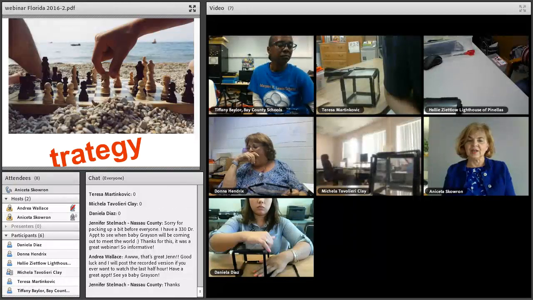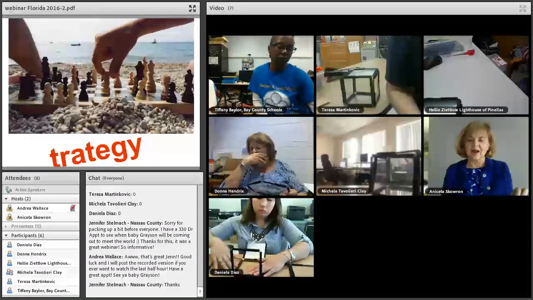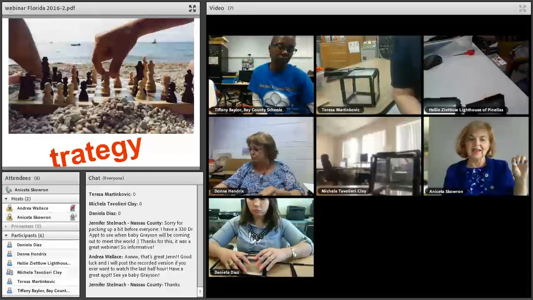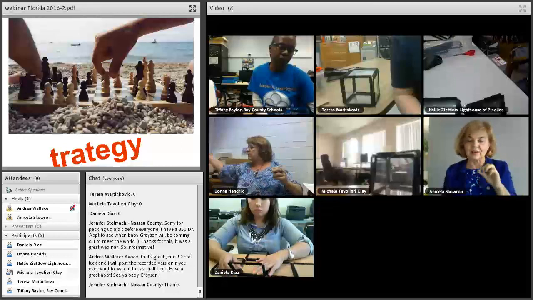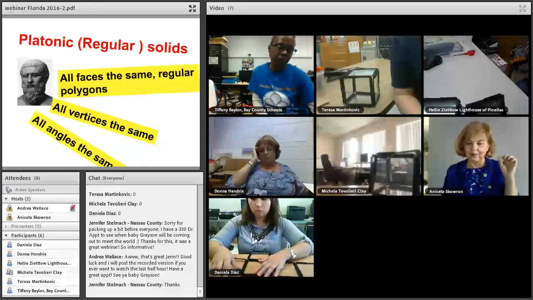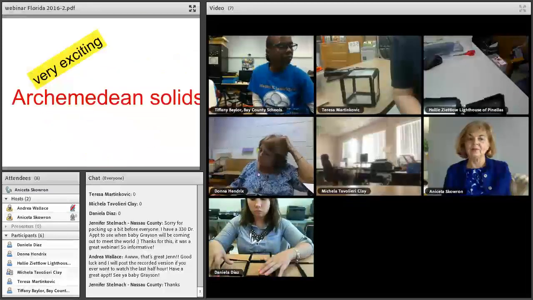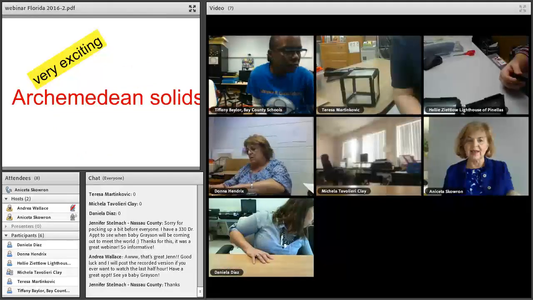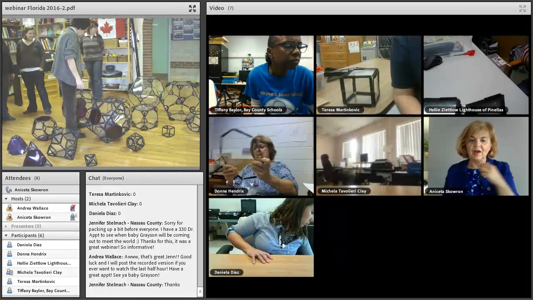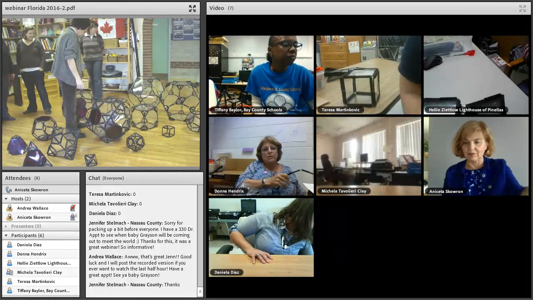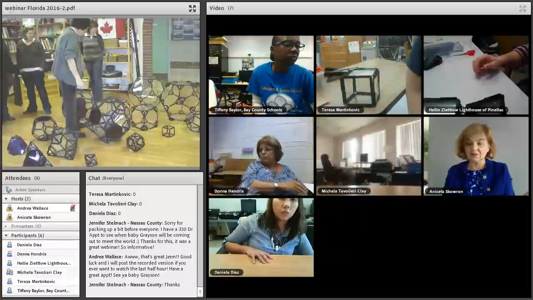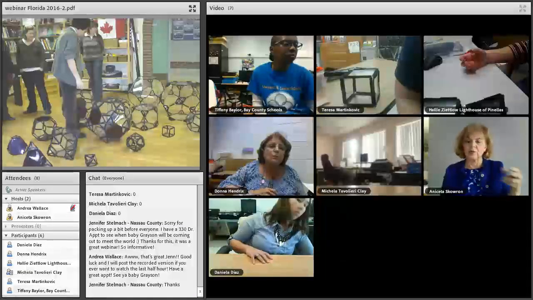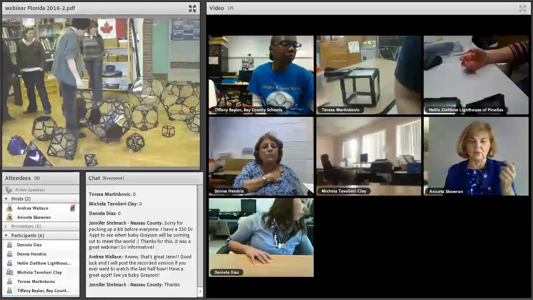Then we would use the same strategy that we used in the beginning of looking at the vertex, and we would build a variety of different solids. We would build Platonic solids, and very exciting, very nice Archimedean solids. Here is a picture of another group of teachers that built it all together in, I can't remember, 2 or 3 hours, but it would be incorporated if we had a day or so. That's what we would do.